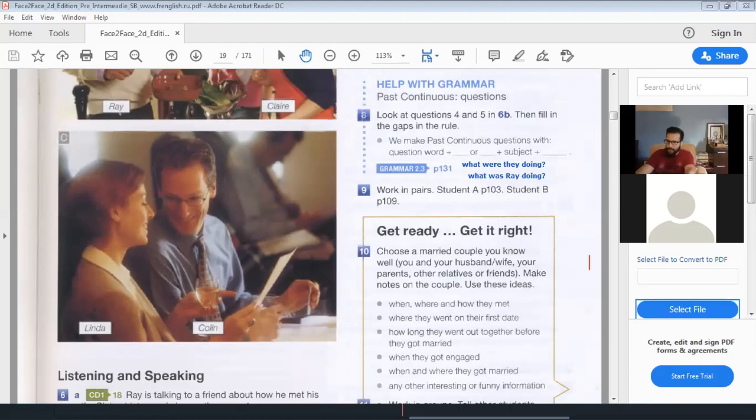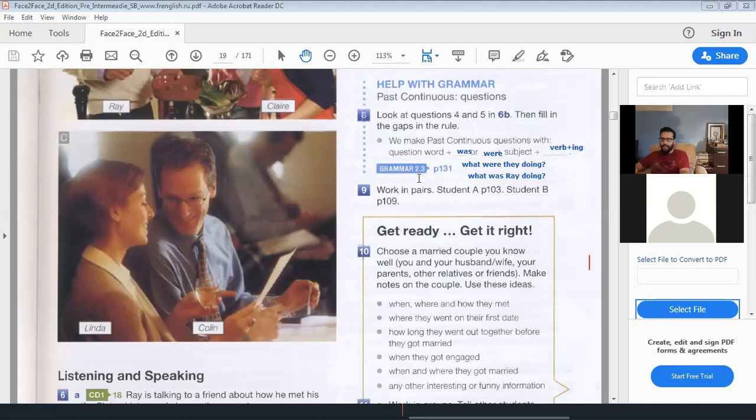Sometimes we use was, and sometimes we use were. And then we use verb plus ing. All right, so this is just how we make questions with the past continuous, okay?